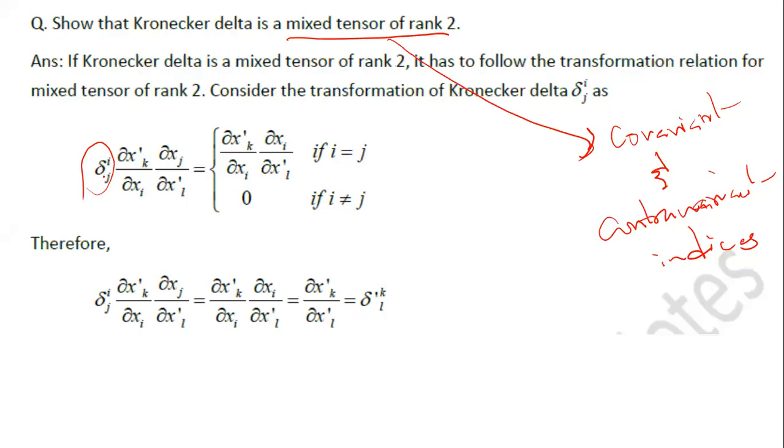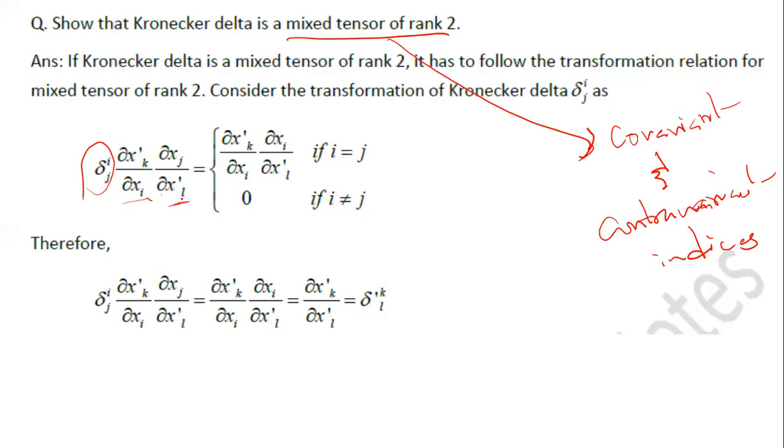So the transformation coefficient corresponding to i, you can write as del x i in the denominator, and del x k prime is the coordinate variable in the other prime system. And j is the covariant index, so del x j is in the numerator, and the corresponding prime coordinate variable is in the denominator, del x l.